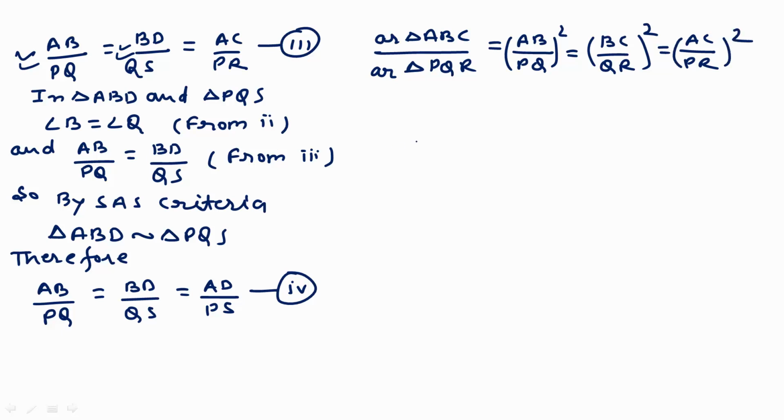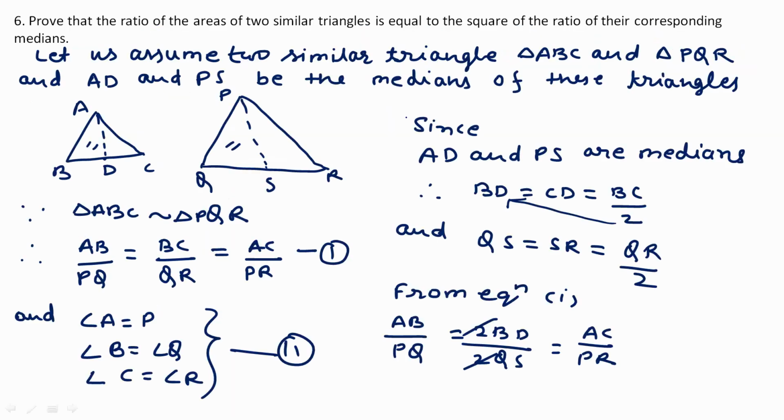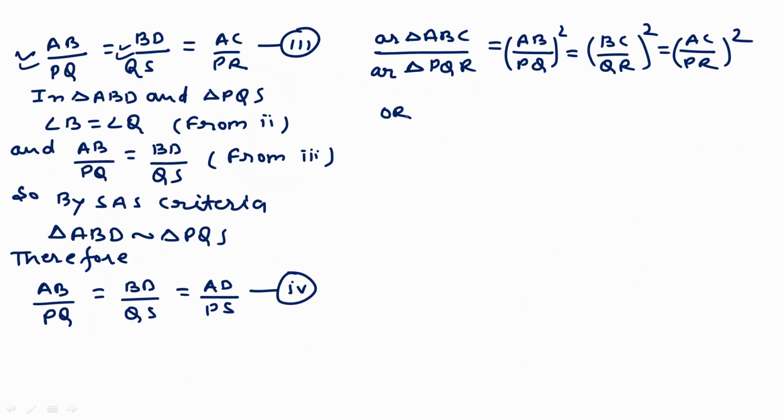We have to prove that the ratio of the areas of two similar triangles is equal to the square of the ratio of their corresponding sides.